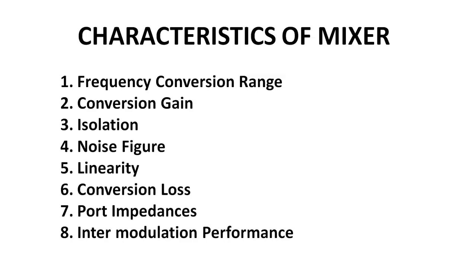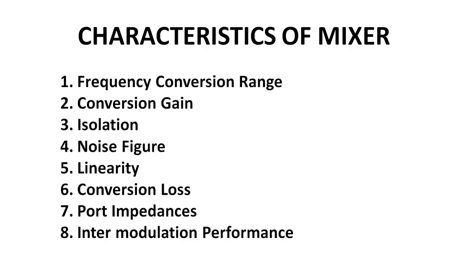Then linearity. Linearity refers to how well the mixer maintains the relationship between the input and output signals. A high linearity is essential for avoiding signal distortion and intermodulation products. Then conversion loss. Conversion loss measures the loss of signal power during the mixing process. It is the difference between the input power and the output power of a mixer. Next, port impedances.